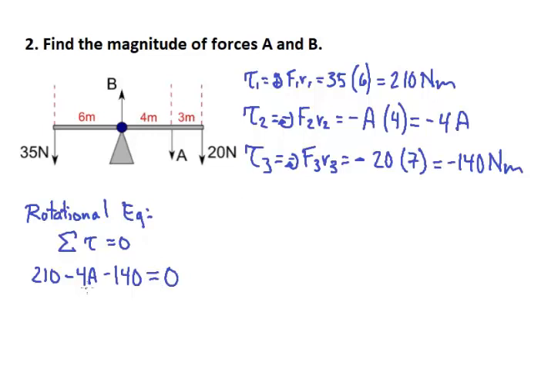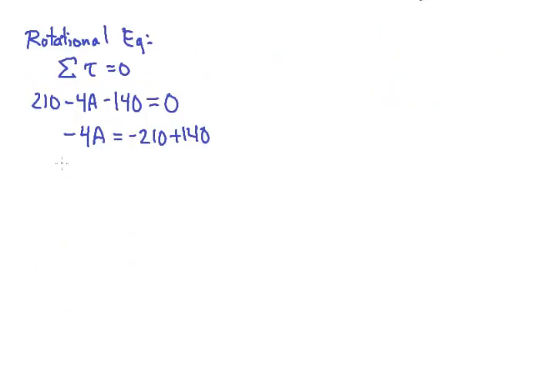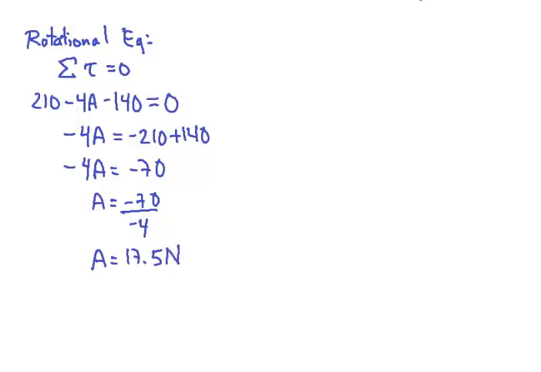I combine all 3 torques, and this is a linear equation that you can easily solve. You just move these things around, and you find A by dividing by minus 4. So minus 70 divided by minus 4 will give me A. A equals, in this case, 17.5 newtons. So I found A.